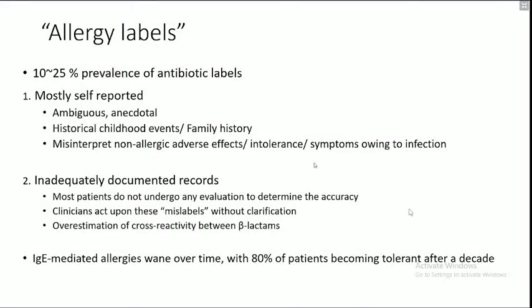These records will go on and they get stuck at some point, and they are fixed, sometimes to a diagnosis card. And sometimes we act upon these mislabels without any clarification.